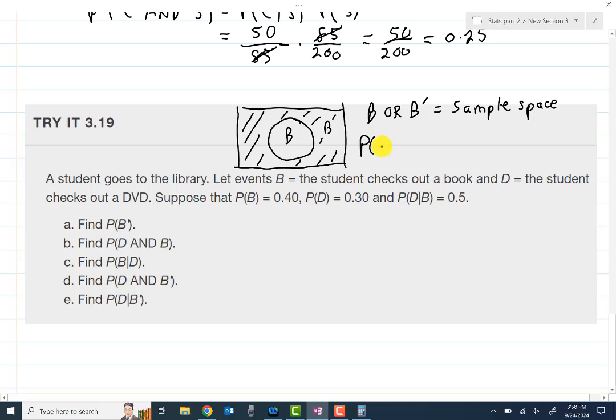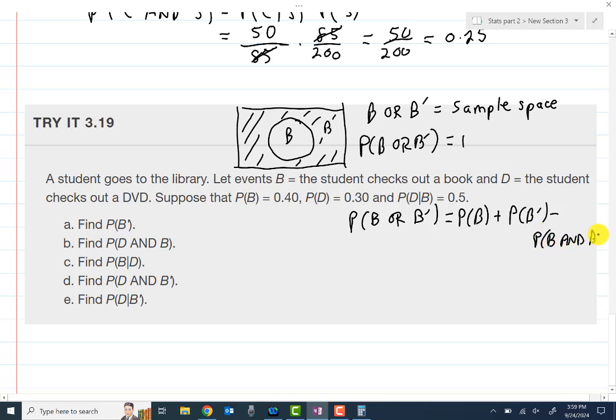So the probability of the whole sample space is equal to 1. And now with that said, the probability of B or B prime equals the probability of B plus the probability of B prime minus the probability of B and B prime.